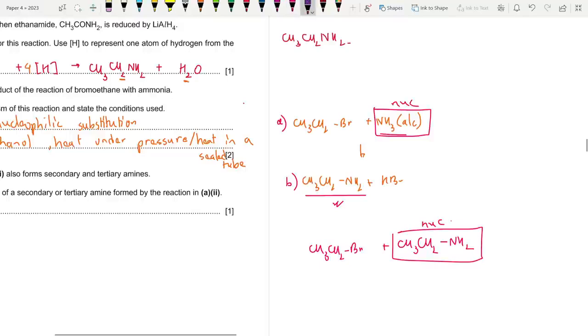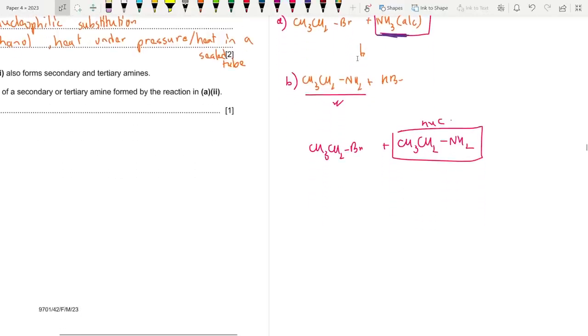So check this, what's going to happen? Basically, what happens in one reaction, NH3 basically lost one hydrogen, and the remaining part NH2 was attached to CH3CH2 in the place of Br. So the same thing will happen here essentially. It's just that this NH2 will lose one hydrogen.